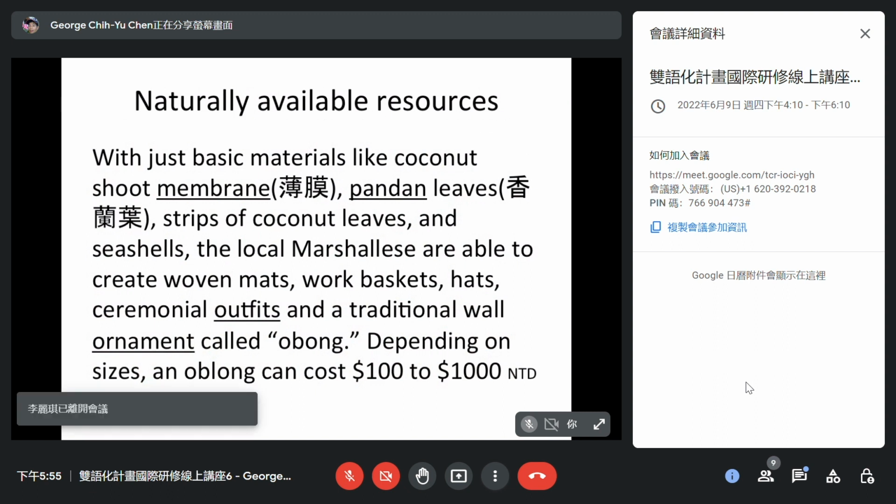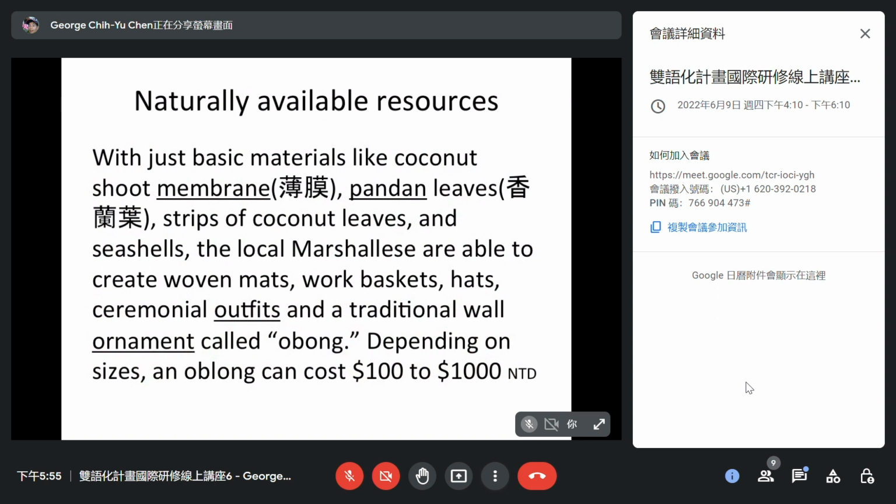椰子叶 and the seashells. And the local Marshallese are able to create woven mats, work baskets, hats, ceremonial outfits. 仪式穿的服装 and a traditional wall ornament. Ornament means decoration, 装饰品 or oban.